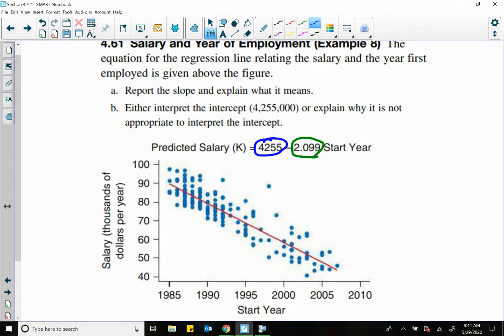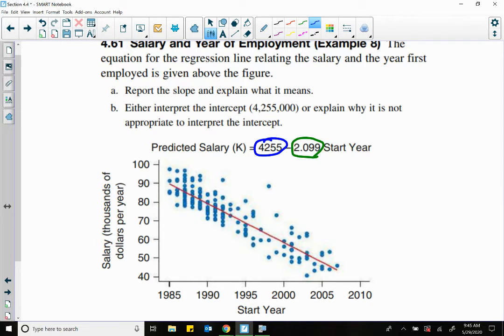Well, if my x value is 0, that means we're at year 0, and my salary, in terms of thousands of dollars per year, would be 4,255, or the real number would be $4,255,000.